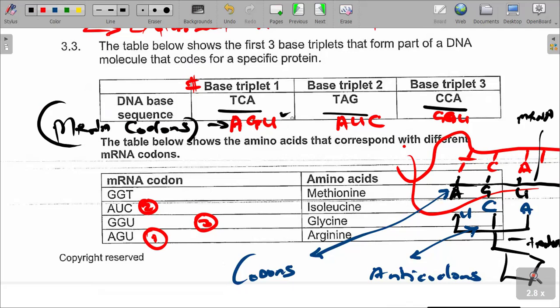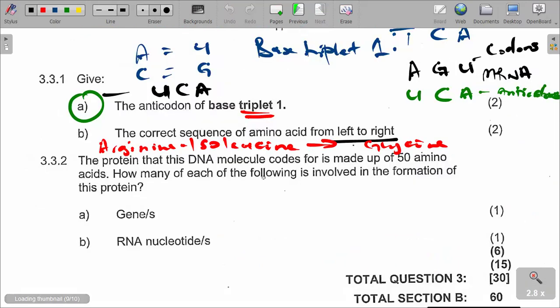You look for AGU, AUC, and GGU. Therefore, you can get your answers as they are, according to the base pairing principle. That's how it works. So that's the sequence, class.